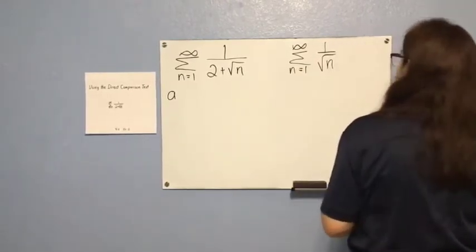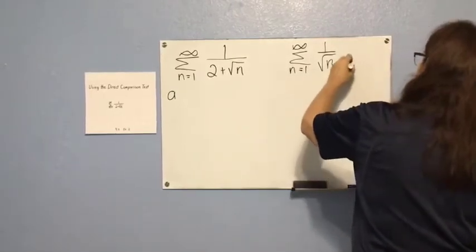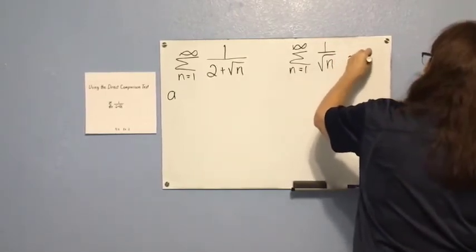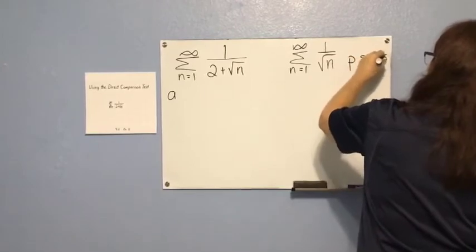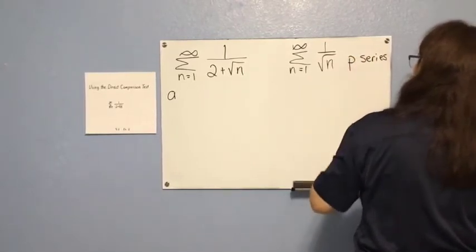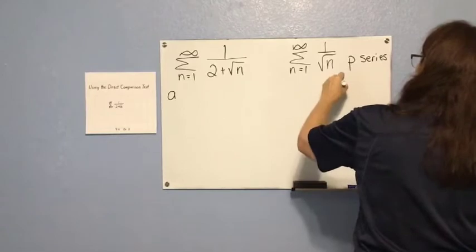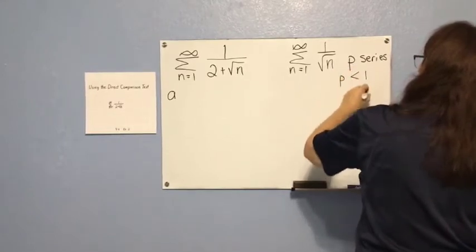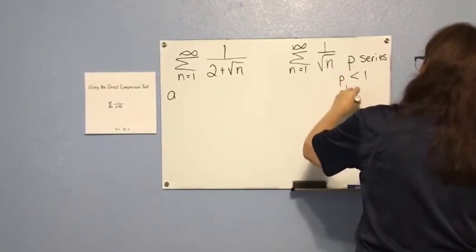Okay, and from the last section, we know that this is a p-series. And the exponent p is less than 1, so this is divergent.